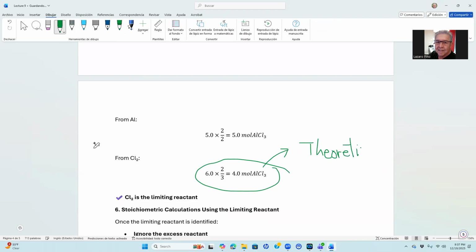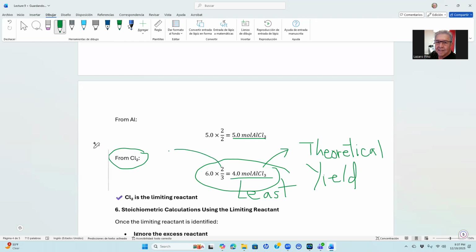And the reactant that is over first, the one that produces the least amount of product. You compare this and this is the smallest. Then this reactant is what we call the limiting reactant. And here you have the concept of limiting reactant and theoretical yield.